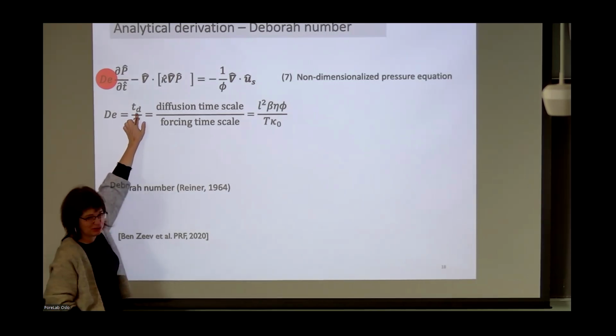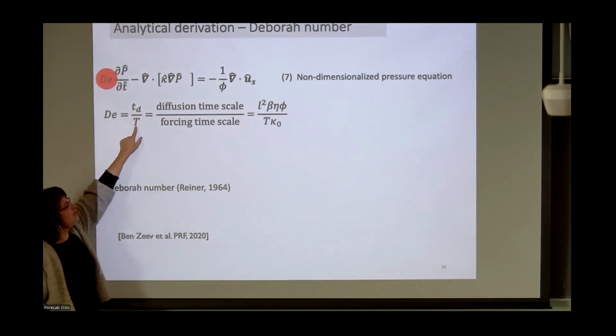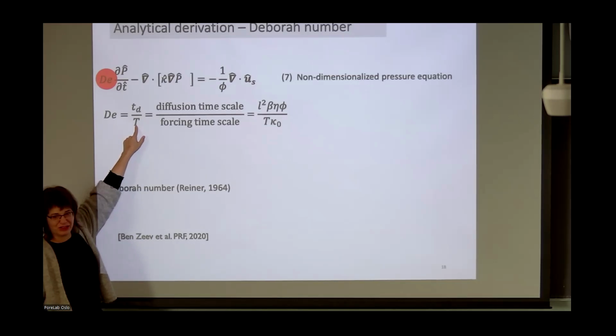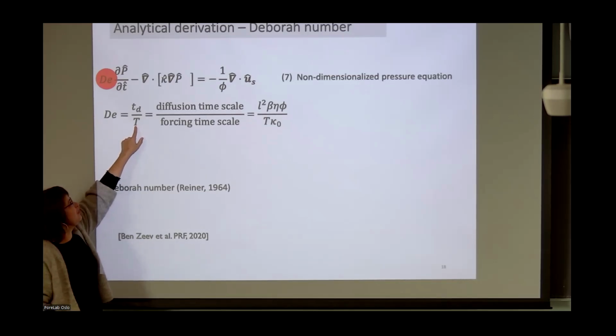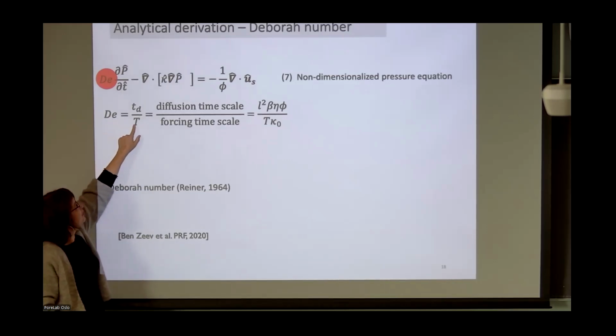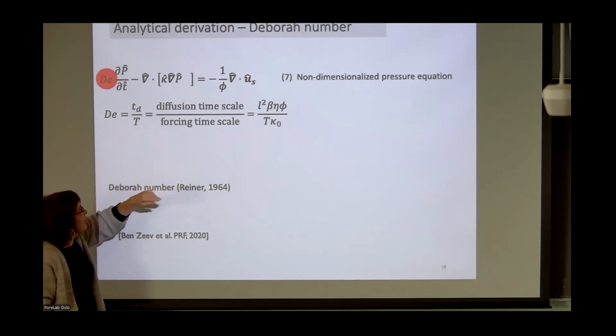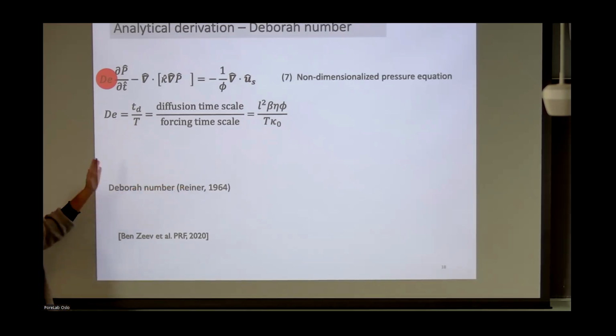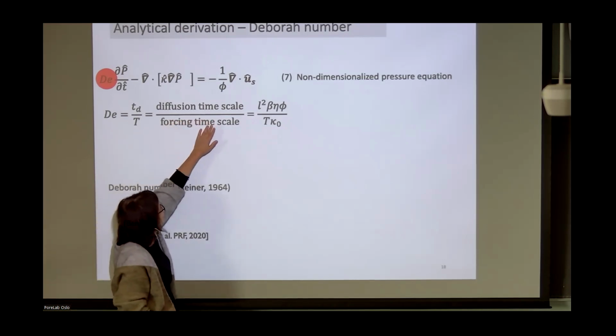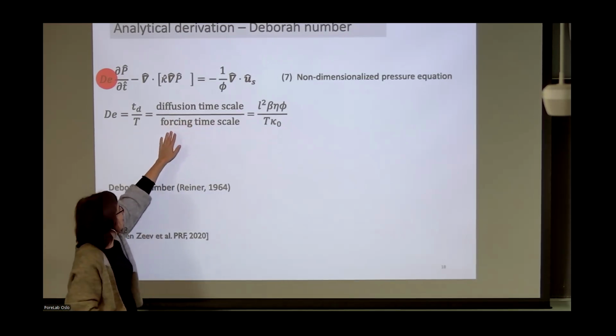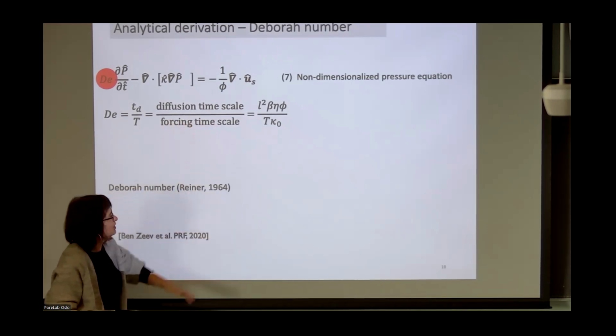The diffusion time scale stays the same. But if we look at it for a very short time, then the de Boer number is very large. If we look at it for a long time, then the de Boer number is very small. So that's the traditional history of this number, but we use it for comparing the diffusion timescale of the fluid, the pore pressure actually, versus the earthquake timescale.